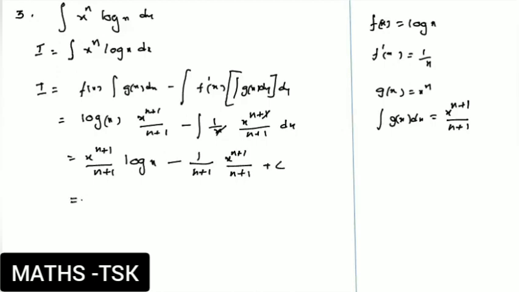So this can be written as x to the power of n plus 1 log x by n plus 1 into log x minus 1 by n plus 1 plus c. You must learn it as a formula for objective questions. Someone else will write it as x power n plus 1 by n plus 1 log x minus 1 by n plus 1 plus c also.